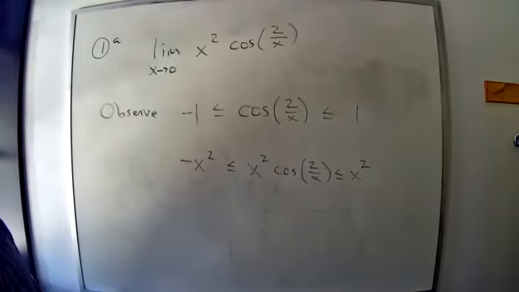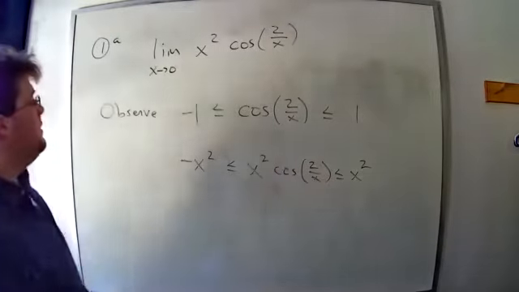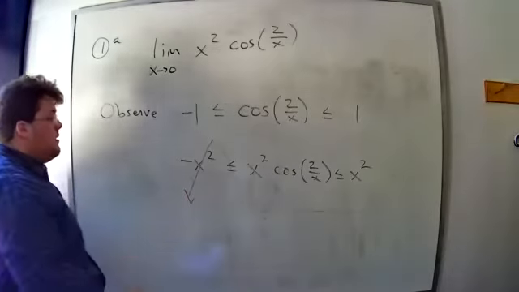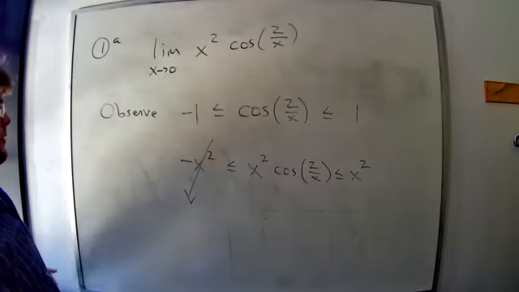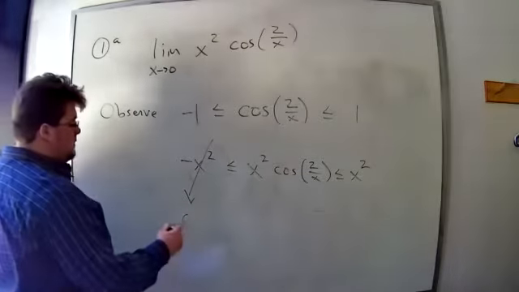We now have this inequality, and if the limits on both sides are the same, then the limit on the inside is that. The limit on this side as x goes to 0, well, you can use substitution there. You get 0 squared with a negative on it, so you get negative of a 0. Negative 0 is 0.